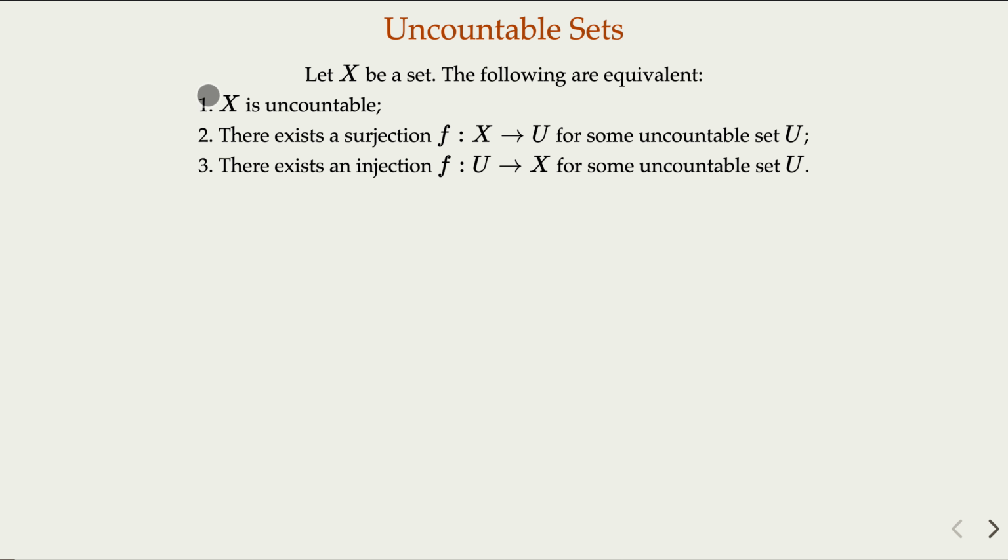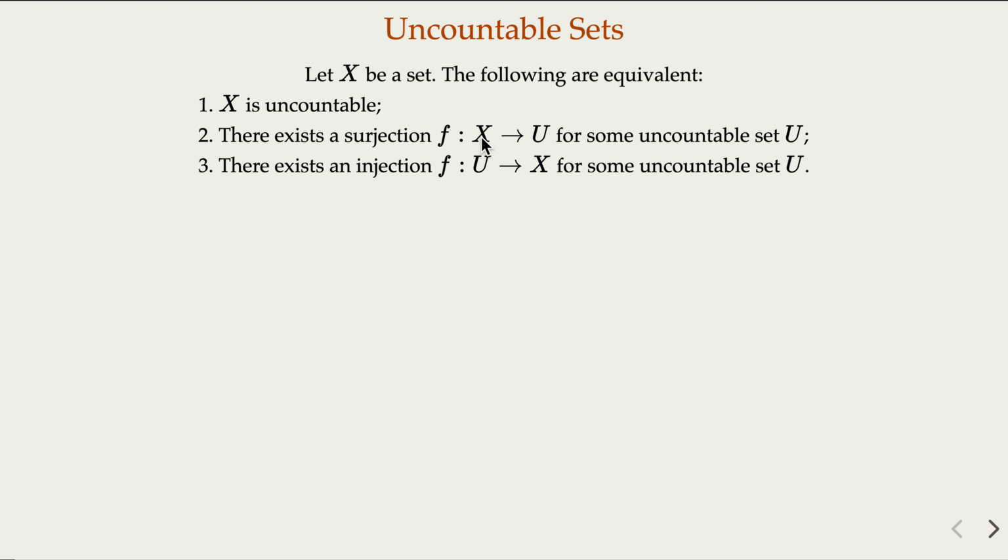Use this theorem here. It says that for a set that contains infinitely many elements, the following three conditions are equivalent, meaning if you have condition 1, you can derive 2 and vice versa. For number 2, if there is a surjection, recall that this function is onto the codomain here.